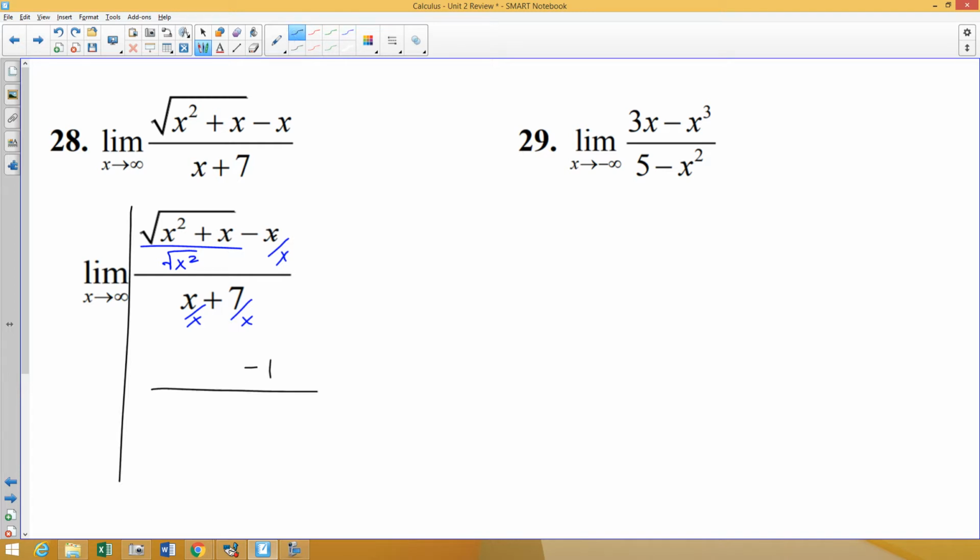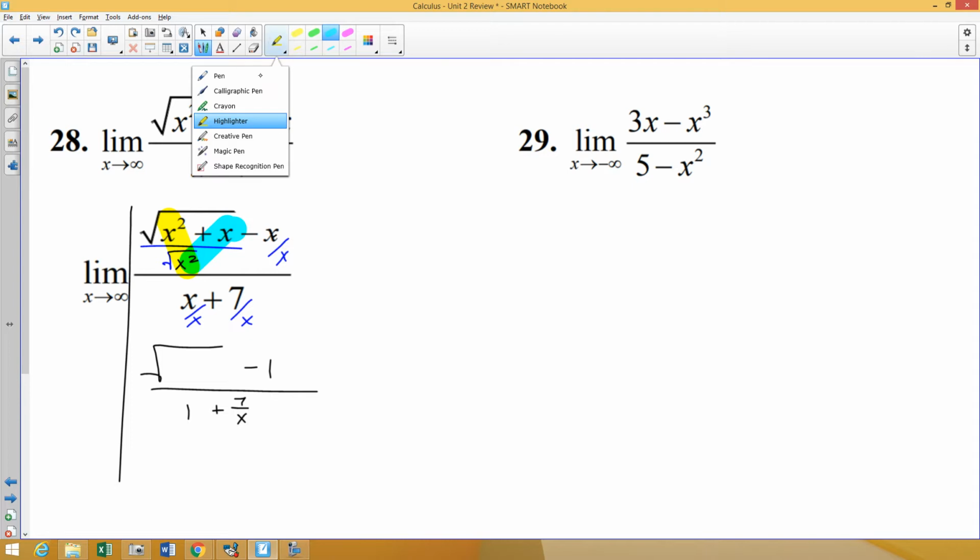In the denominator, x divided by x is again 1. 7 divided by x is 7 over x. And for the radical, we have the square root of stuff, and so I'm going to combine it into one big square root, and then I need to do x squared divided by x squared, and I need to do x divided by x squared. So I'm going to do both of those. X squared over x squared is 1. X divided by x squared is 1 over x.